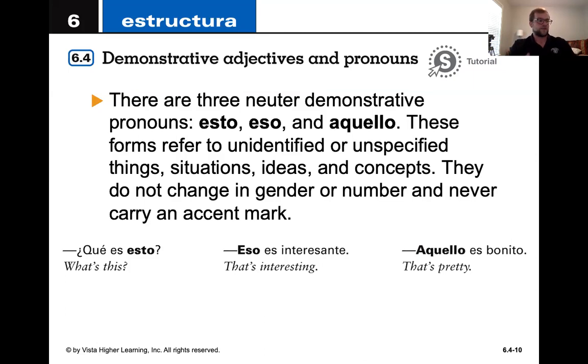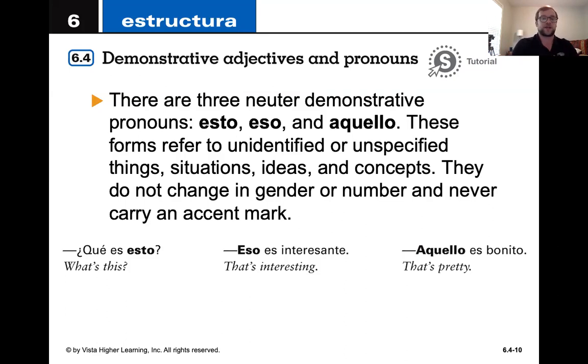So for example, if I'm looking at this pen, regardless of the gender of that noun or the number, we can say, what is this? ¿Qué es esto? Remember, this and these have T's. ¿Qué es esto? What is this? Also, if you're asking that question, you may not know what that word is or the gender of that noun. Now, if you wanted to say just something like, oh, that's cool, or that's interesting, eso es interesante.